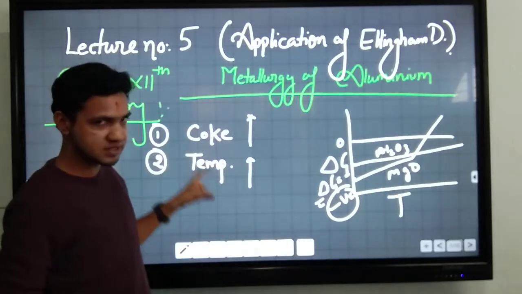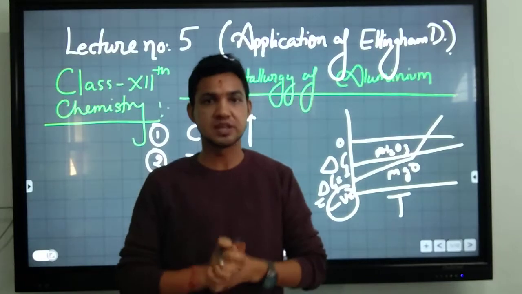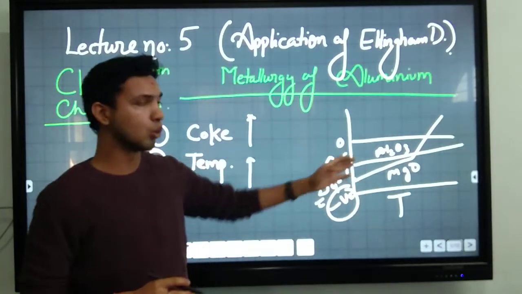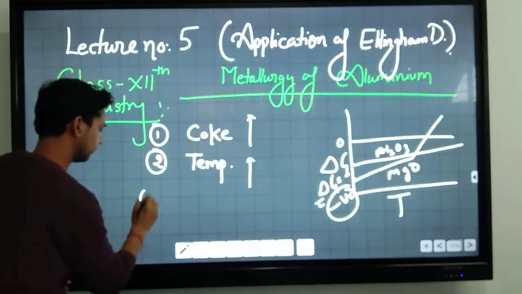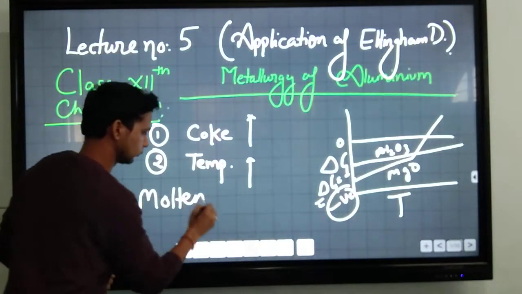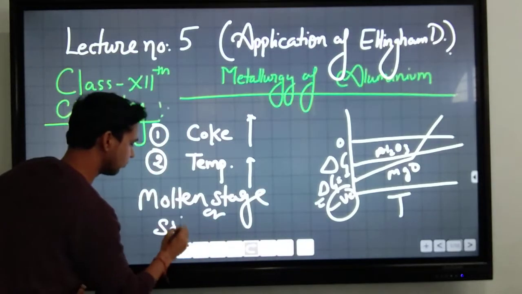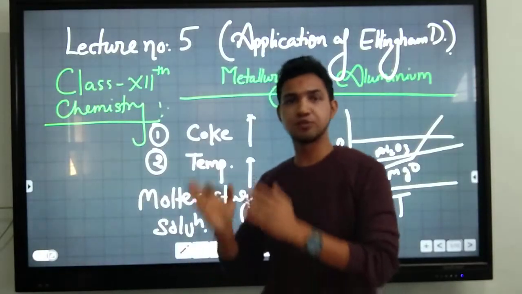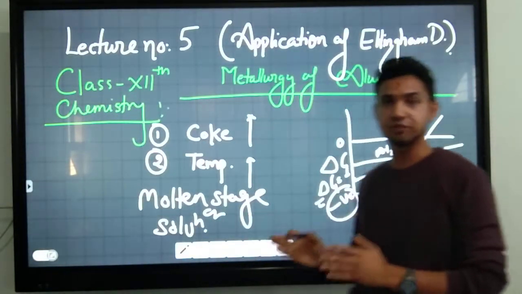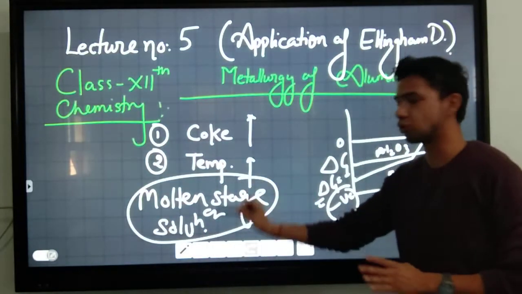But the whole process does not take place by roasting or calcination. Here we require the ore not in a solid form, but in a molten state or in the form of solution. So that's why aluminium metallurgy is different from the other metallurgy, because here we are taking the ore in the molten state or in a solution state.